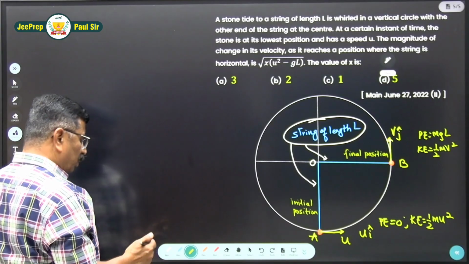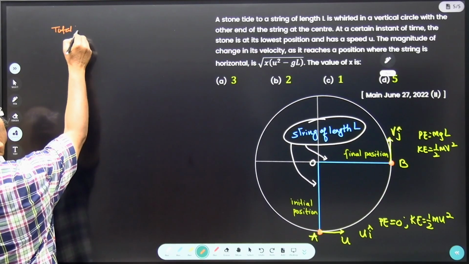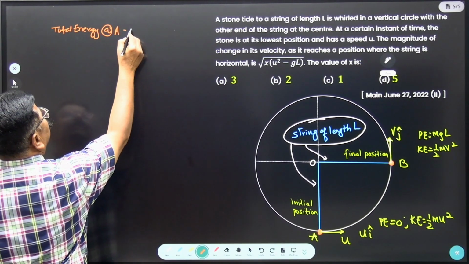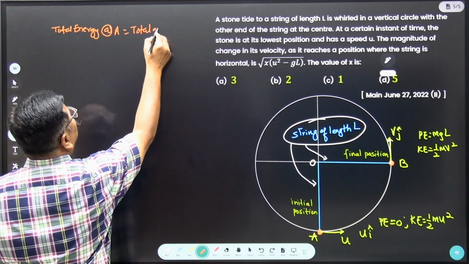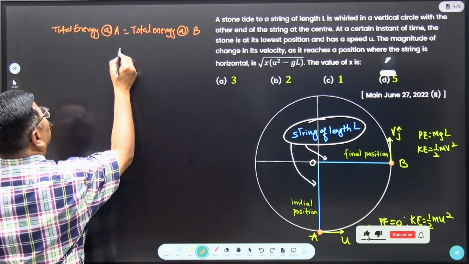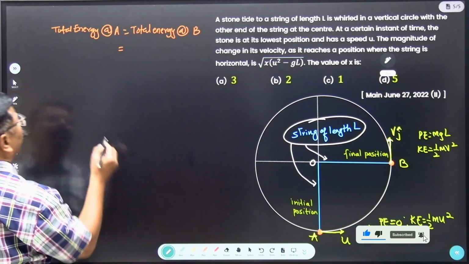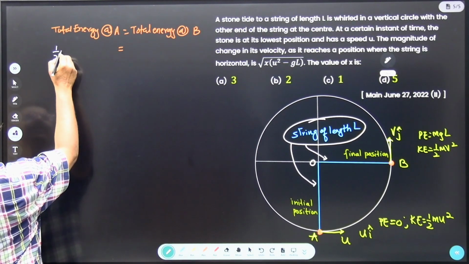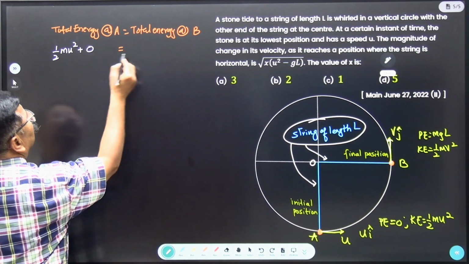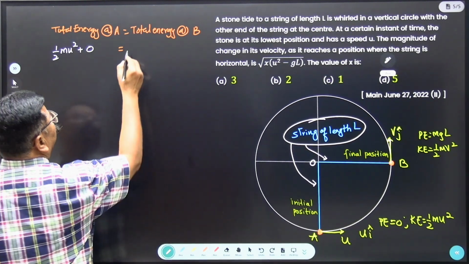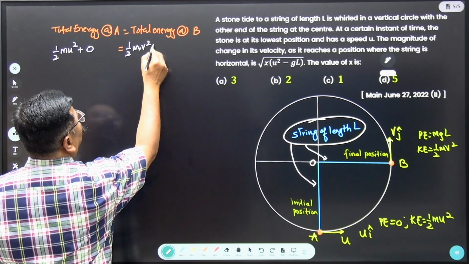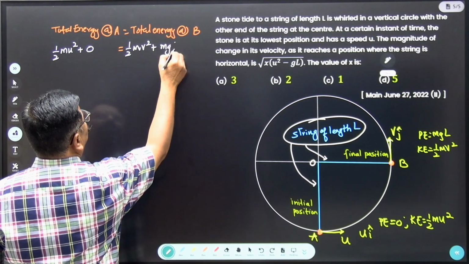So therefore the total energy at point A is equal to total energy at point B. Hence, the total energy at point A, kinetic energy half mu square plus potential energy 0, is equal to total energy at point B, kinetic energy half mv square plus potential energy mgl.